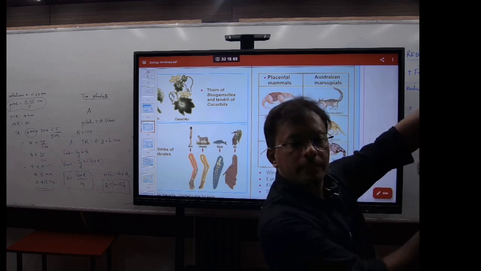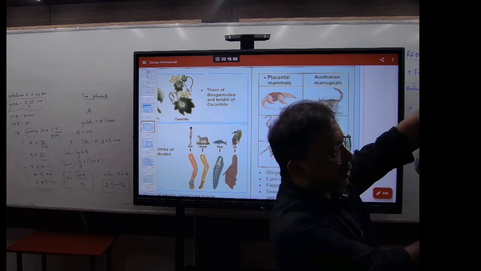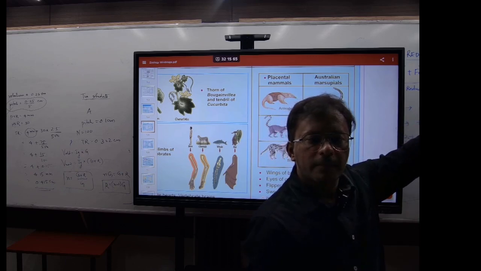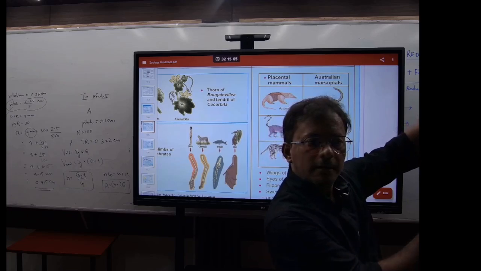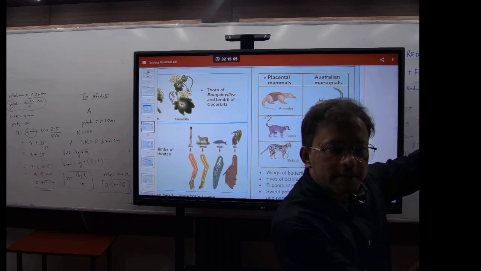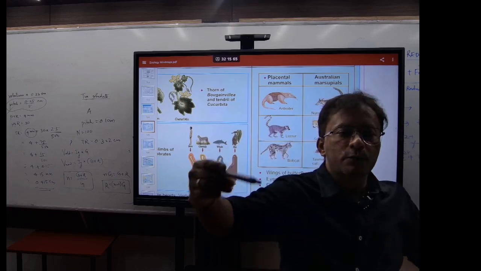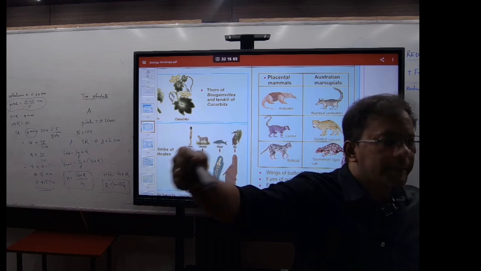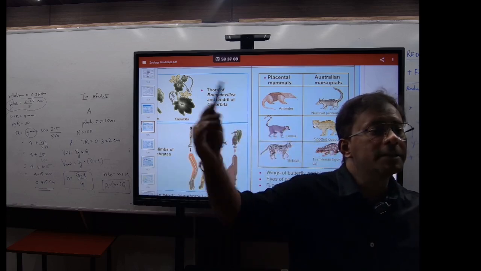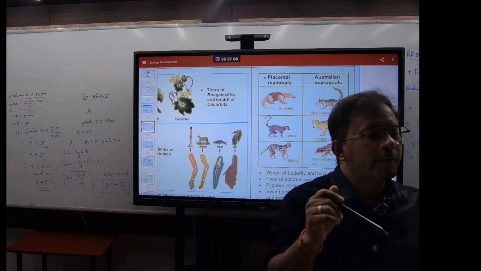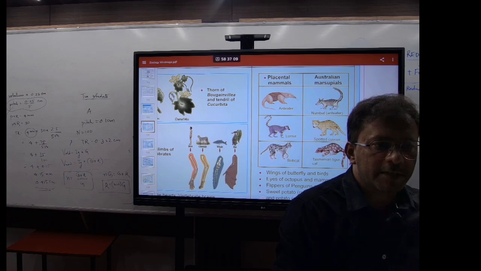So this was the ancestor of all the marsupials. As this ancestor moved to different locations, they evolved into different species, because they have to adapt to the new habitat. They have to develop new characteristics, because of which they evolved into different species. So this type of evolution is called adaptive radiation.